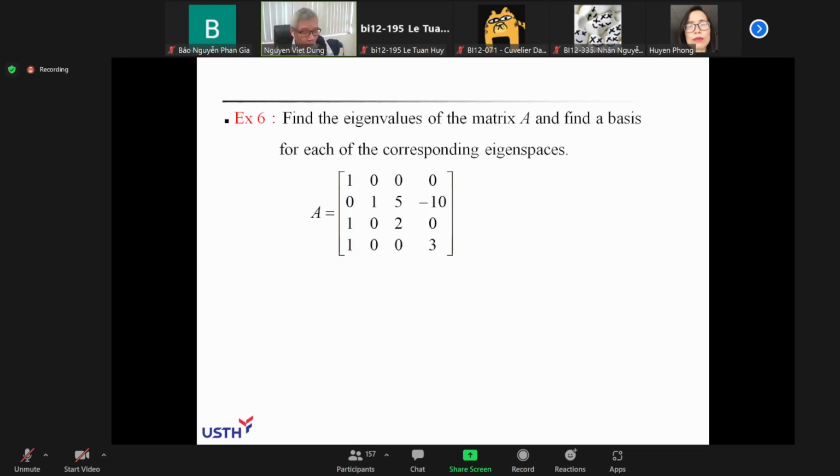However, we have many things, but we should do it step by step. You will see it is not so complicated.